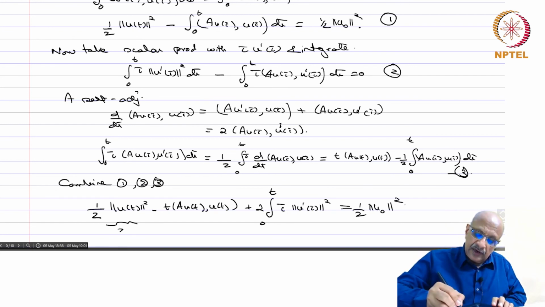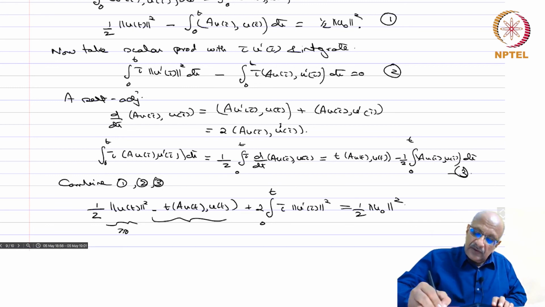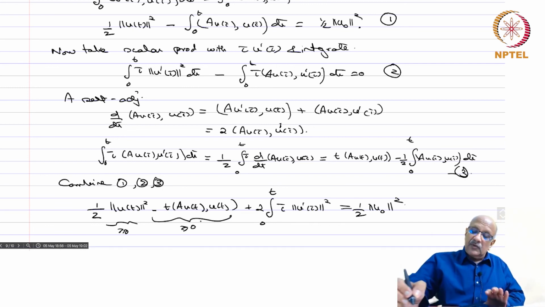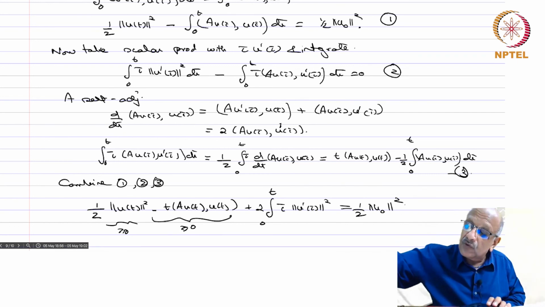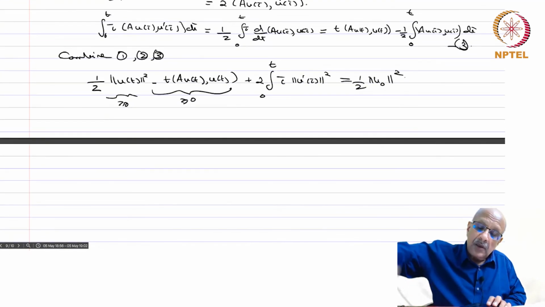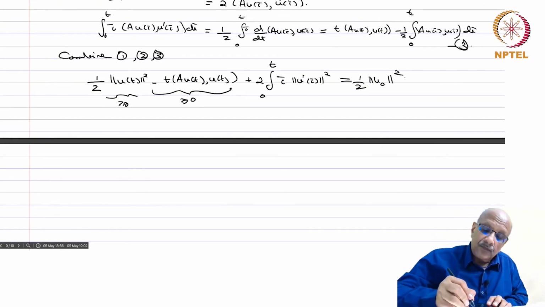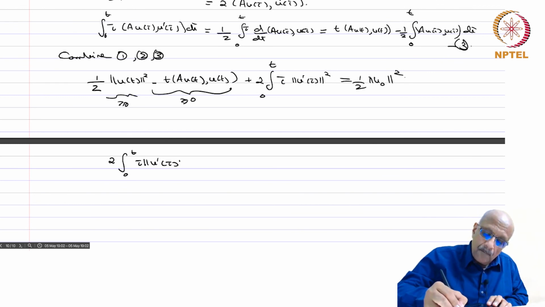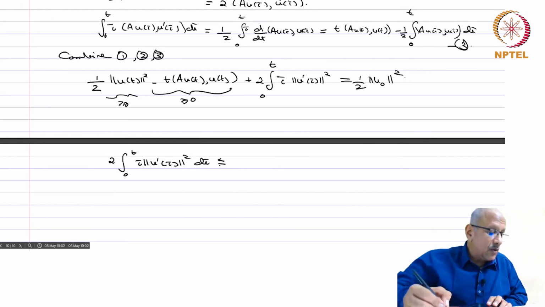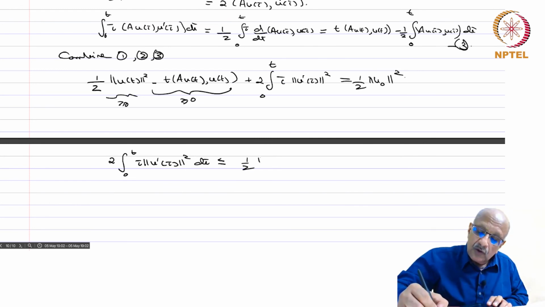Now this is greater or equal to 0, minus something which is also greater or equal to 0, and therefore from these two you get that 2 times the integral from 0 to t of tau norm u'(tau) squared d tau is less than or equal to 1/2 norm u(0) squared.